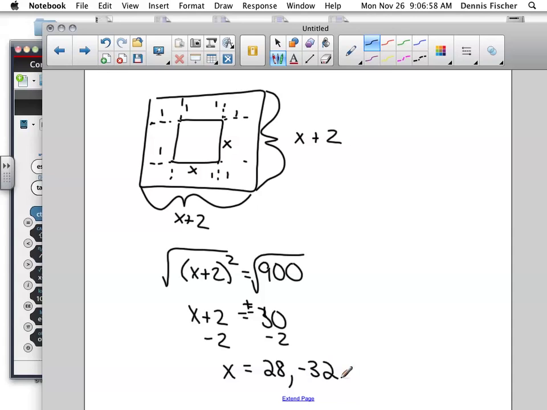Now, what does x stand for? It stands for the side length of my pool, and you can't have negatives, so negative is not going to work. So my original dimensions of my pool are 28 by 28. Is there anything wrong with just doing the square root of 900 is 30, which equals the whole side length, and then subtracting 2 because the sidewalk is 1 foot wide, and I got 28?